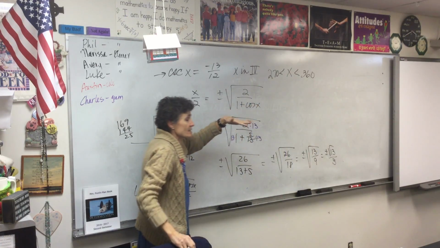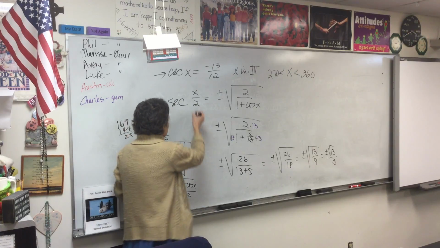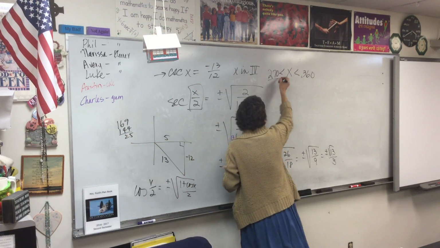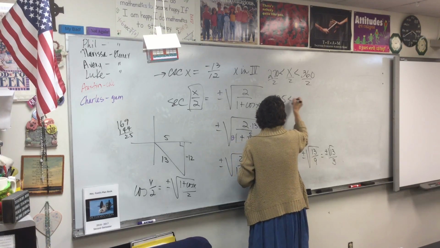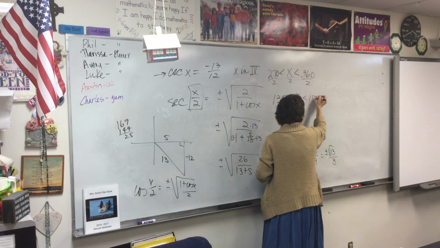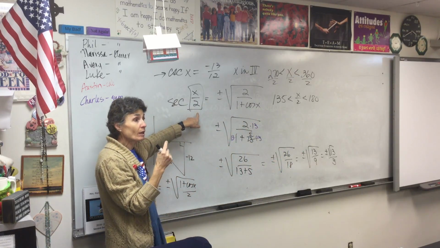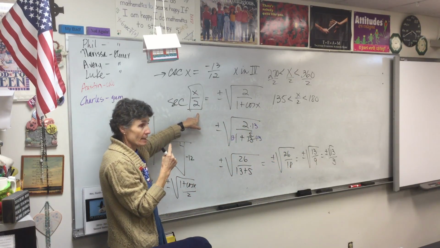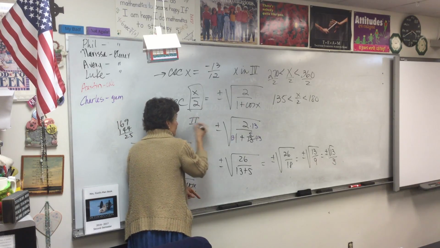Now, if X is between 270 and 360, then half of it will be between 135 and 180, which means that the angle I'm looking for, x over 2, is in quadrant 2.